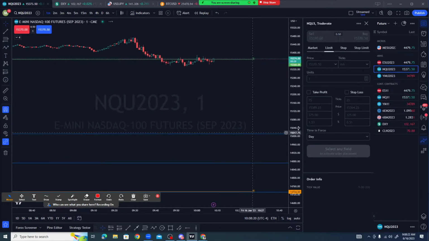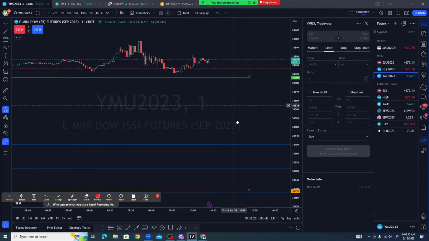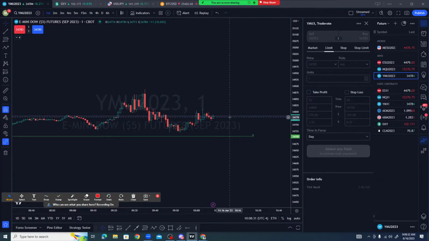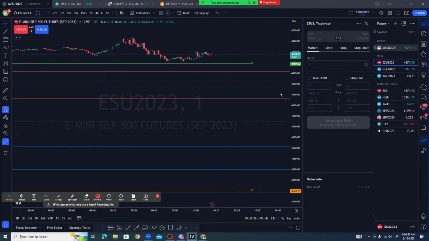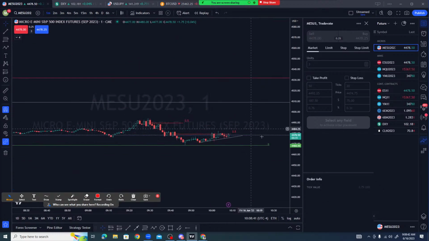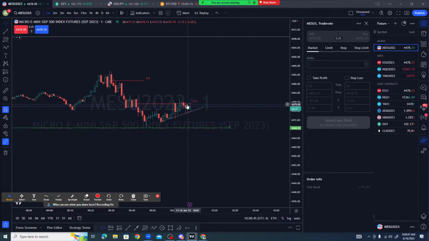Let's look at the NQ. NQ has pulled back, starting to push now. The Dow is just hanging out. And see, we're just not getting any kind of continuation.